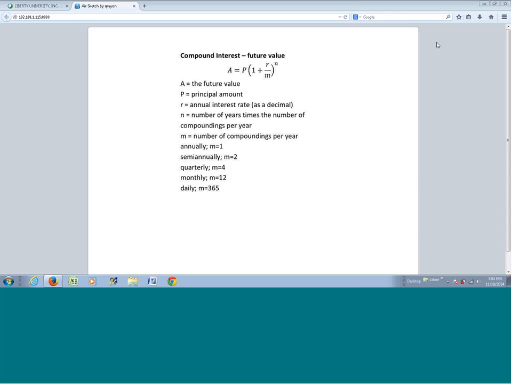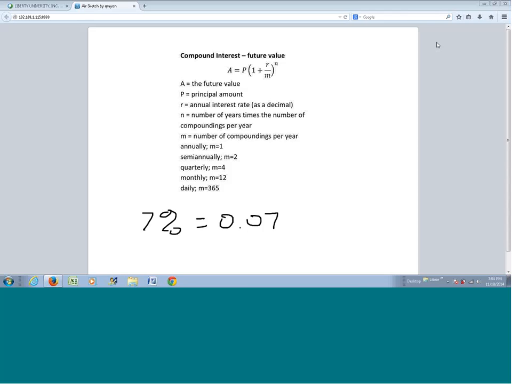You always want to take your interest rate that they give you as a percentage and write it as a decimal before you put it into the formula. So if you have, for instance, a 7% interest rate, then as a decimal, that would be 0.07, because you're going to move the decimal point to the left 2 places.